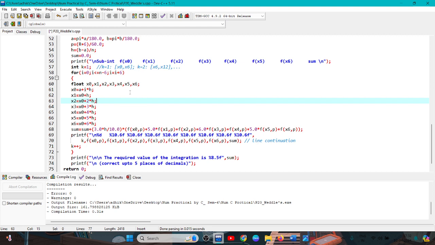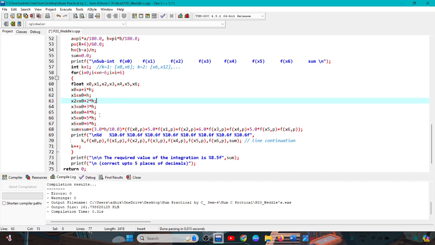So when k equal to 2, we go to the next subinterval x6 to x12. So i equal to 0 plus 6, that is 6. So the new x0 is x6, the new x1 is x7, and the new x6 is x12.